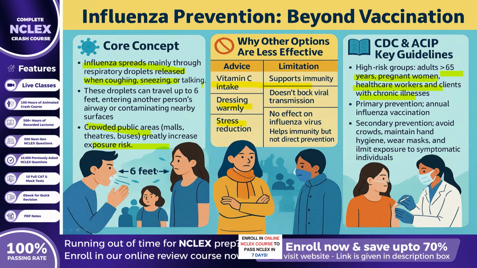These include avoiding crowds, maintaining strict hand hygiene, wearing masks during outbreaks, and minimizing exposure to symptomatic individuals. In healthcare or long-term care settings, nurses also play a vital role by enforcing droplet precautions, isolating affected clients, and reinforcing respiratory etiquette like covering the mouth and nose during coughing or sneezing.